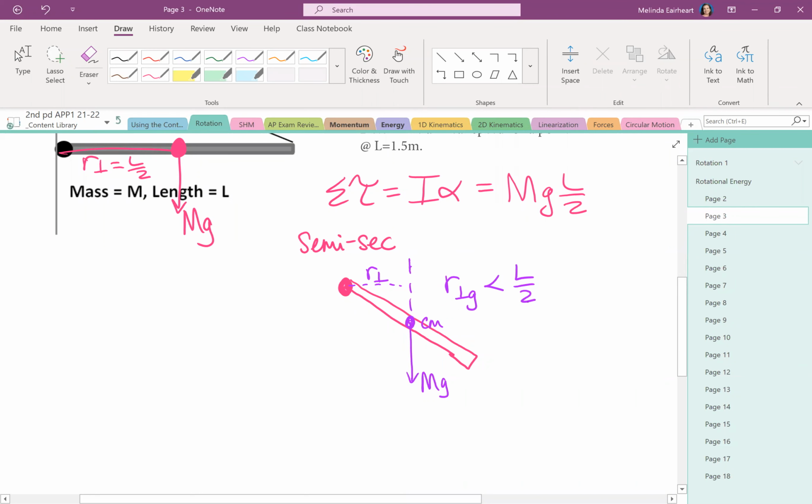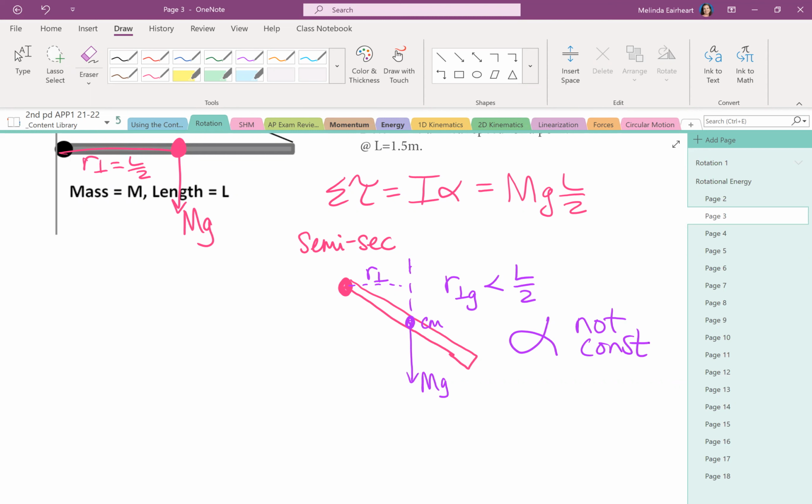So torque is actually harder to use because it doesn't have a constant angular acceleration. And so alpha is not constant. The lever arm for gravity is always changing as it swings down, okay? And so we can't just say, oh, solve for alpha, solve for change in angular velocity over time.